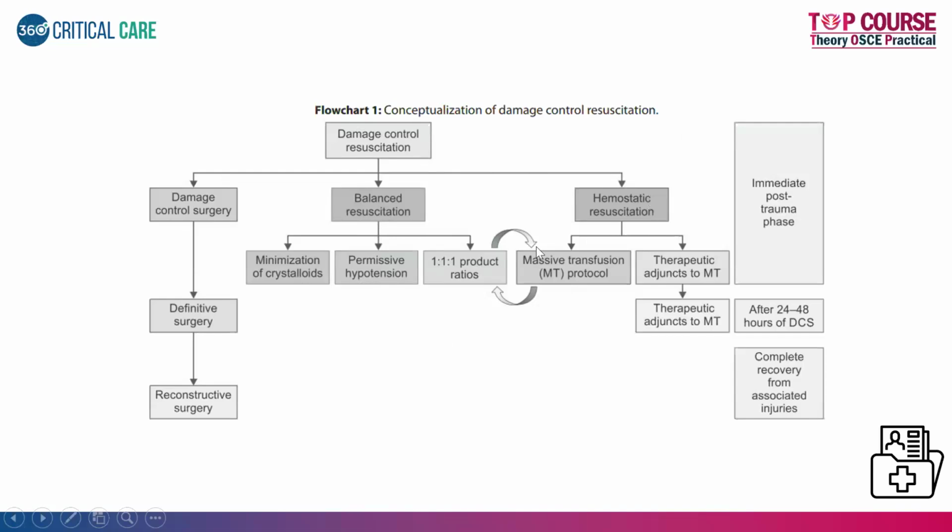If the patient has a major trauma based on your scores, which I've mentioned earlier, you can initiate or activate MTP. Usually damage control surgery, balanced resuscitation, and hemostatic resuscitation should be optimized within the first 24 hours. So from the time of the insult to now, that has to be completed.